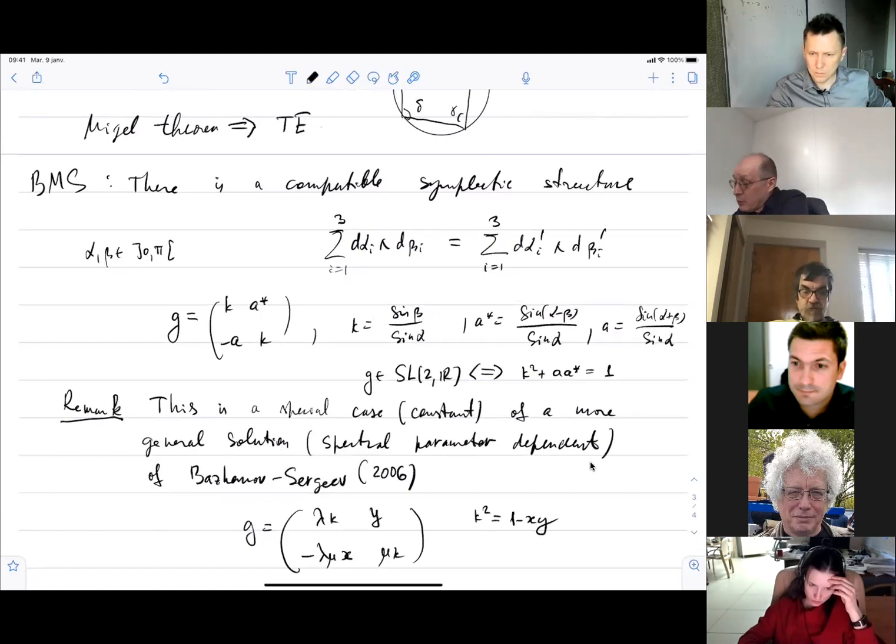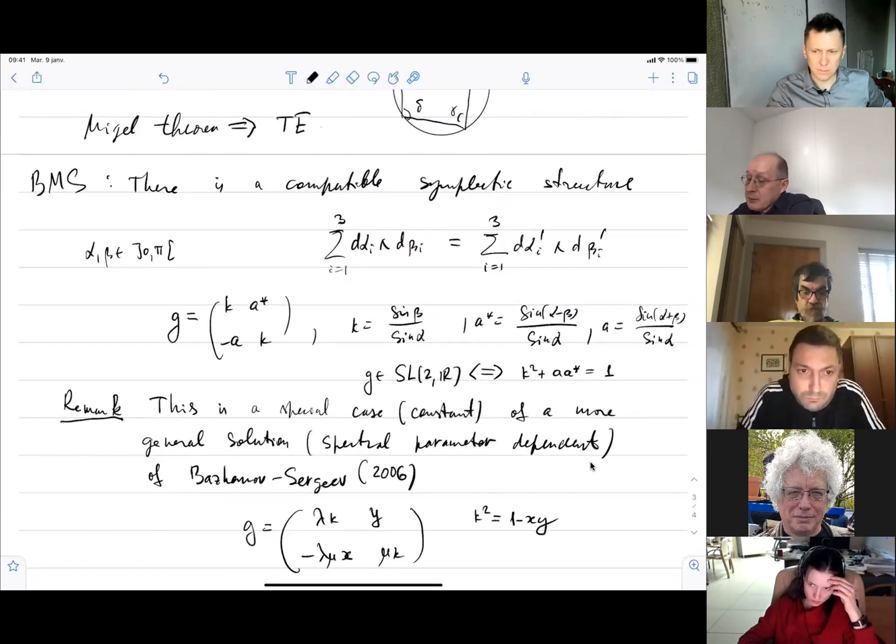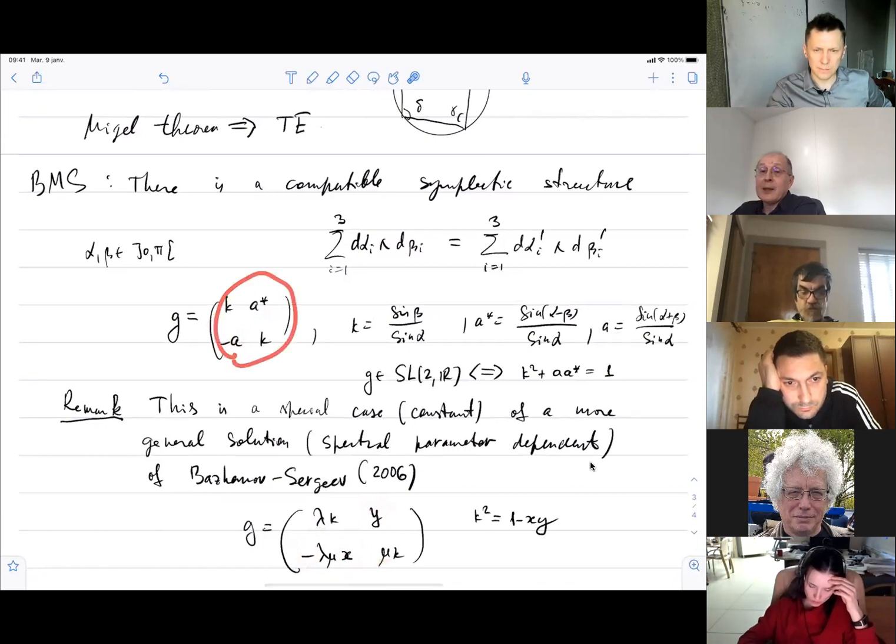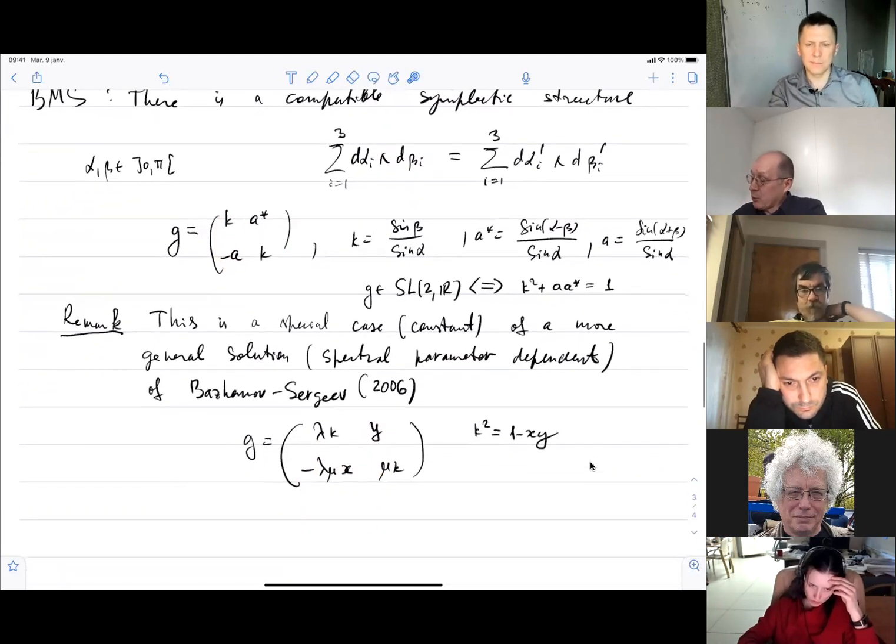So if you want, y plays the role of A star, the analog of Y, and X is analog of A. You see it clearly. So if you put mu equal lambda equal 1, then you get back to this.